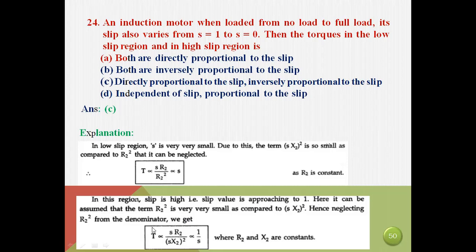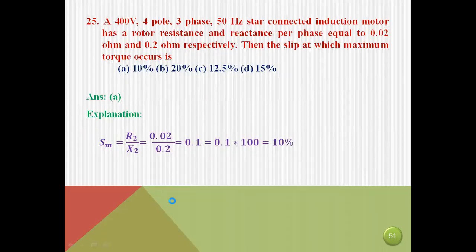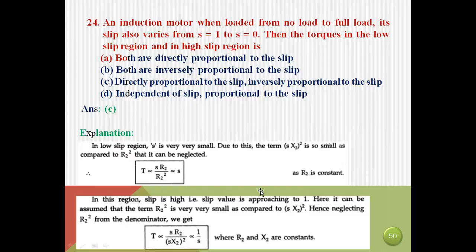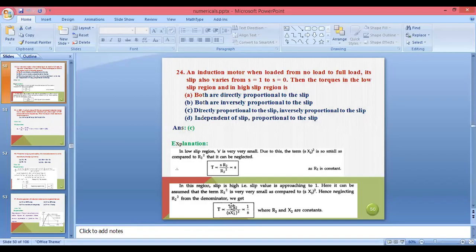So we can say torque will be inversely proportional to this. So we will get here 1 by S, because here we are taking R2 as a constant and very small, so we neglect R2 and the torque equation will depend on this S square. So we can say it will be inversely proportional.